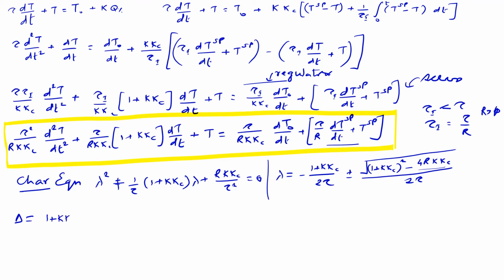1 plus kkc whole square minus 4r kkc, and this discriminant becomes 0 when kkc whole square plus 2 times 1 minus 2r times kkc plus 1 equals 0.